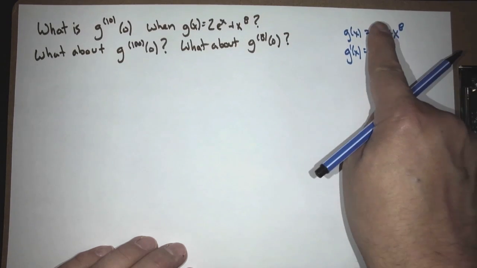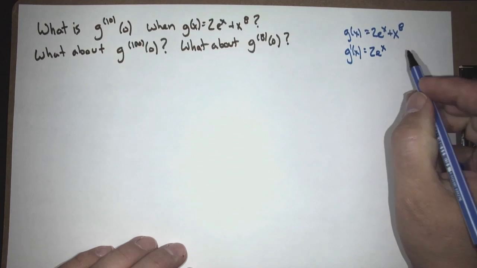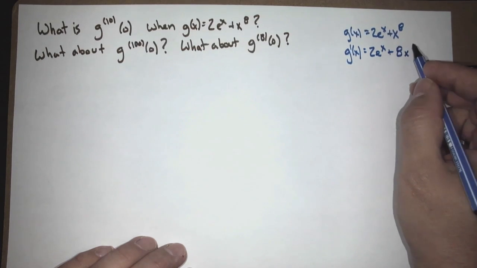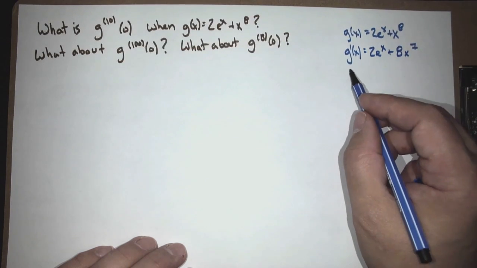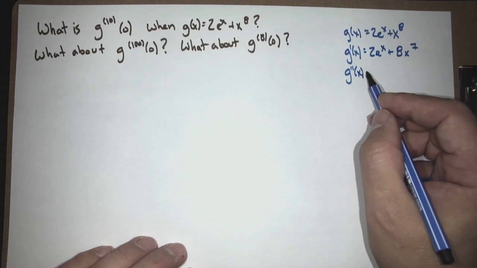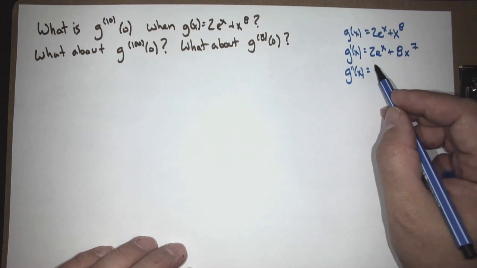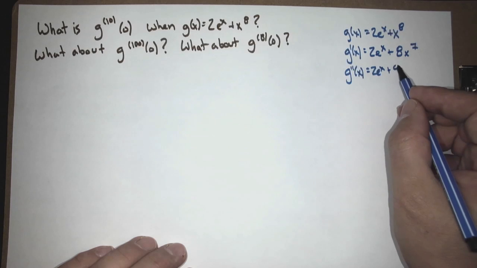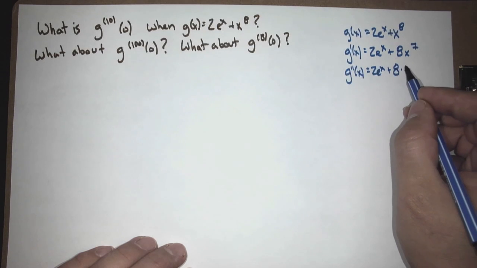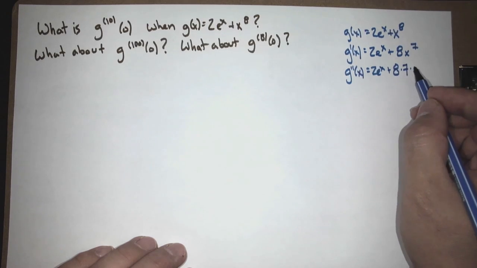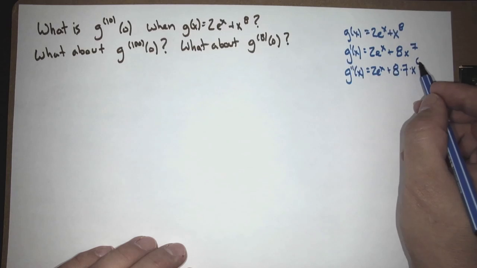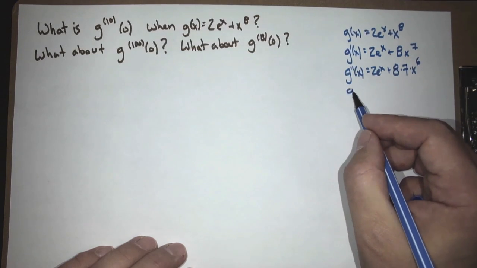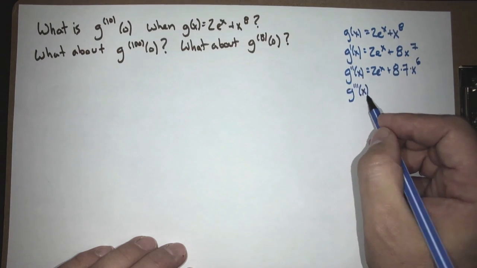What's the derivative of x to the power 8? 8x to the power 7. The power goes down. How about g double prime of x? 2e to the x. What about this next part? It's 8 times 7, x to the power 6. How about g triple prime?